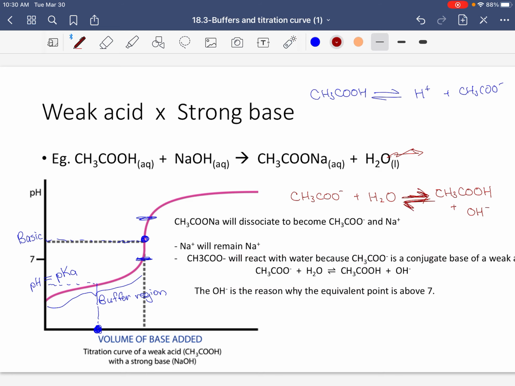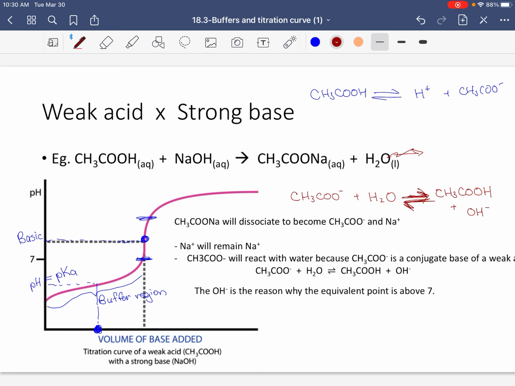No, of course not. That'd be crazy. Then the curve will not look like this. The curve will probably look more like this, where this is the equivalent point. But that's not the case. Yes, they will react, but very sparingly. You're not going to get a lot of these. You're going to get just a little bit to give you that little bit of a basic boost.